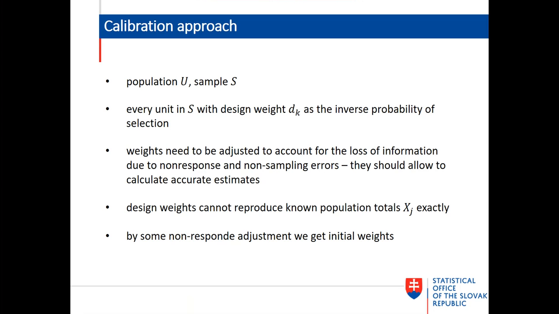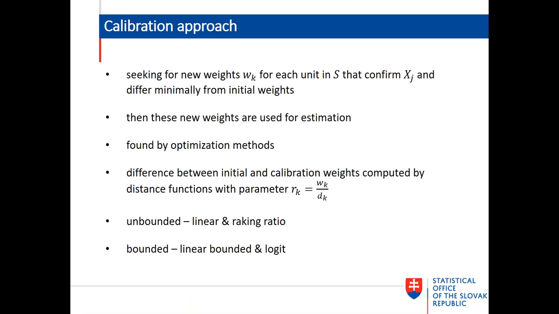So we first apply some non-response adjustment and we get the so-called initial weights. And after that, we seek some new weights, let us denote them as w, for each unit that conform to the population totals exactly. And these new weights should differ minimally from the initial weights. Then, if we find these new weights, we will use them for estimation.